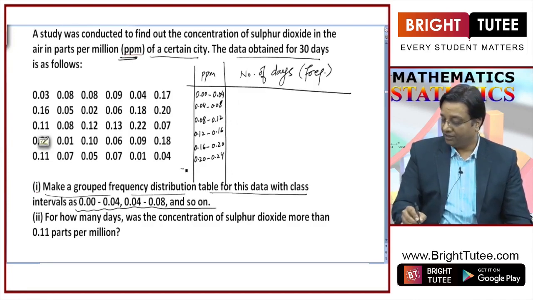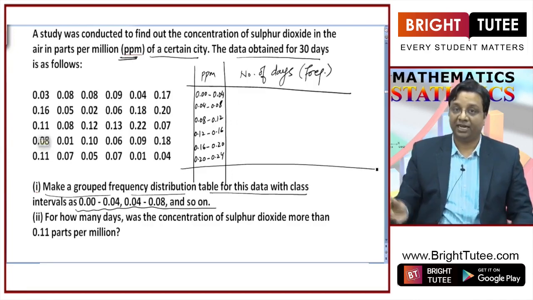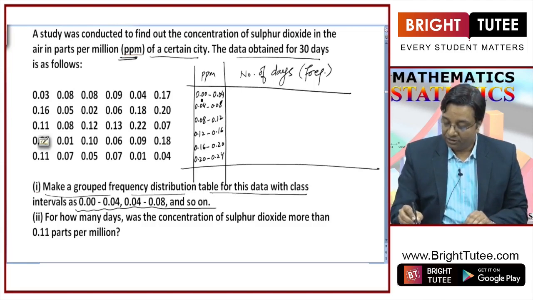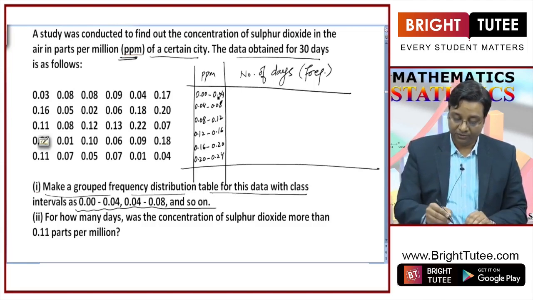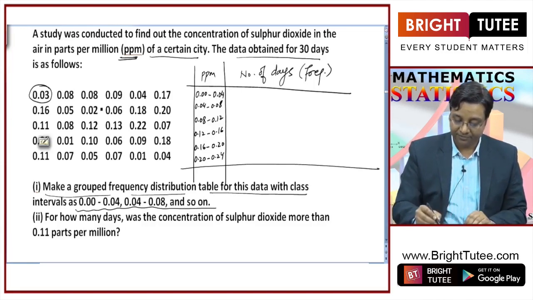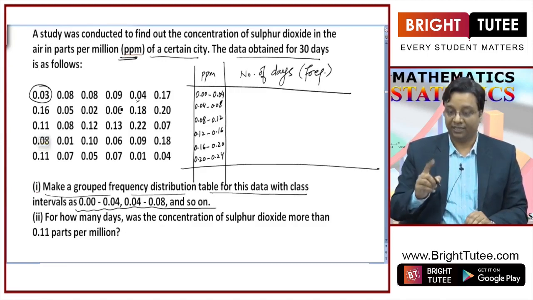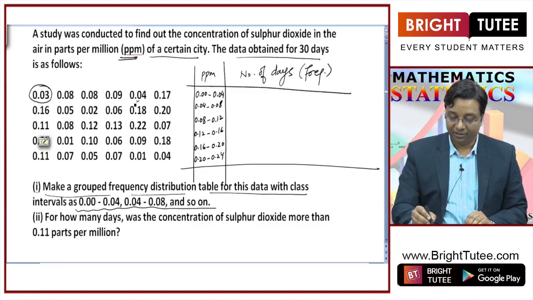We don't, but if in case we require it, we will add that class. So 0.00 to 0.04. 1. Obviously, we will not include 0.04 in this class, as I have explained earlier also. So 0.03 is included. This is not included. There is this number which is included here.